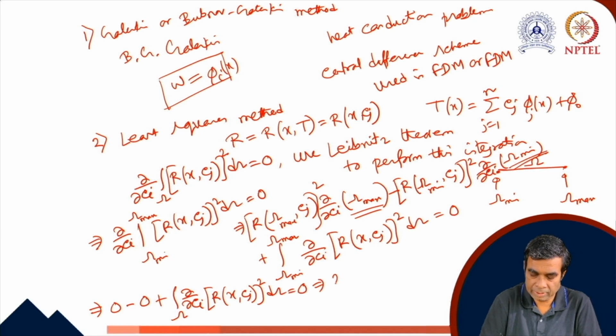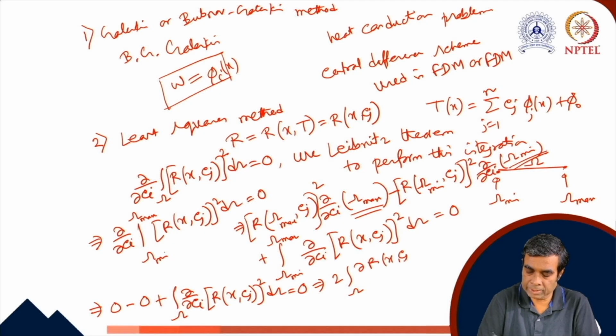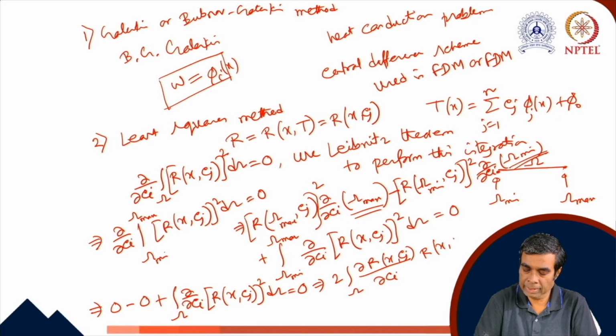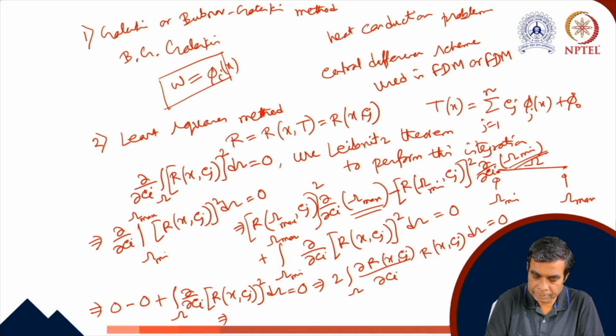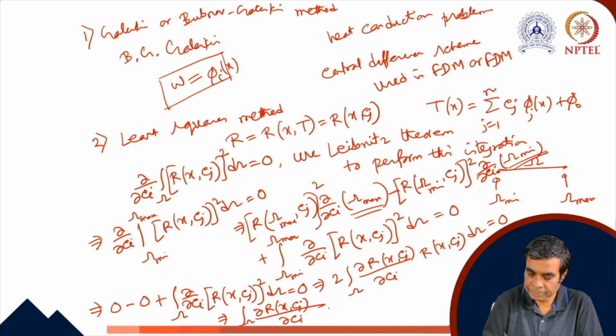This gives us 2 into the integration over omega of del r(x, cj) del ci into r of x comma cj d omega equals 0. So finally we get the integration over omega of del r(x, cj) del ci r of x comma cj d omega equals 0.